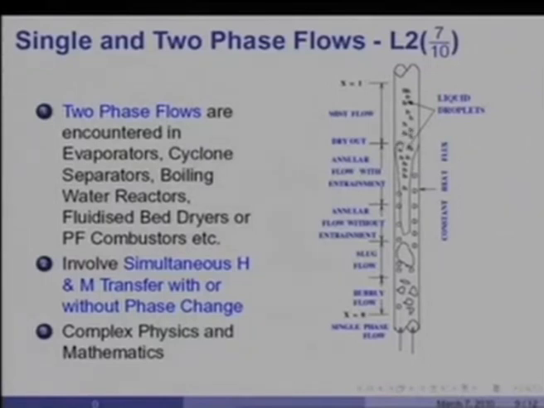As a result, there is a sudden drop in heat transfer coefficient near what is called the dry out point. And as a result of that, the temperature of the surface of the tube would rise very suddenly to a very high value, so much so that sometimes even a tube might well melt.